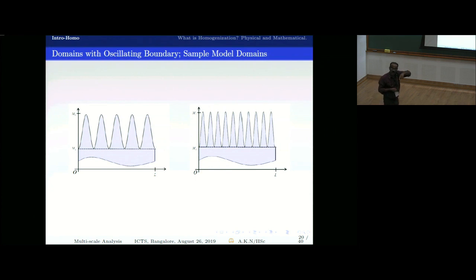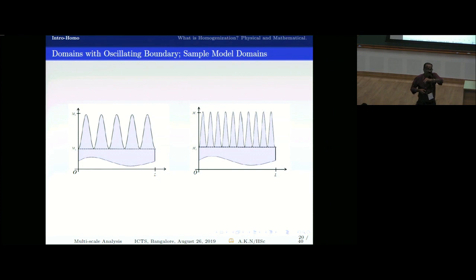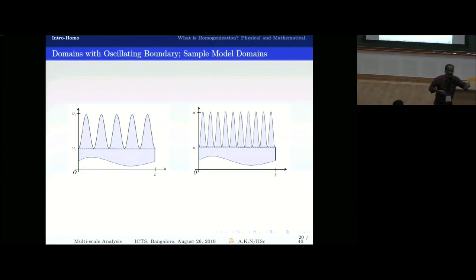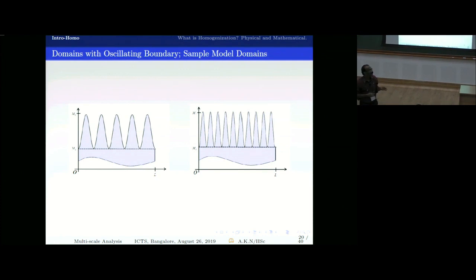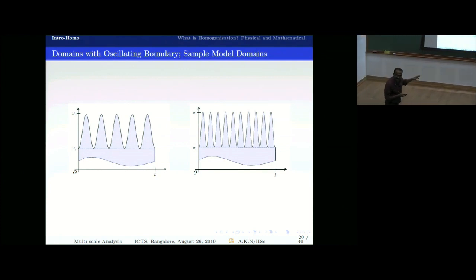All these are more complicated because if you study a boundary value problem, the number of boundaries is increasing. Even in a perforated domain with holes, dealing with many boundaries in a PDE is a difficult task. And all this cannot easily be handled by numerics. That is why homogenization.